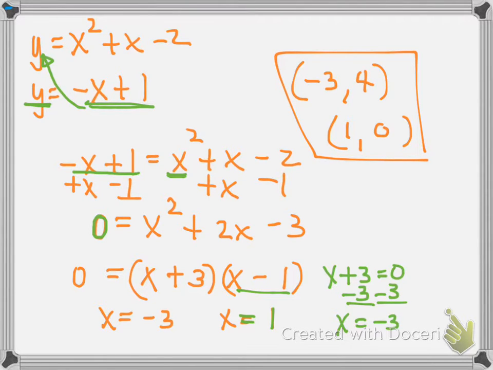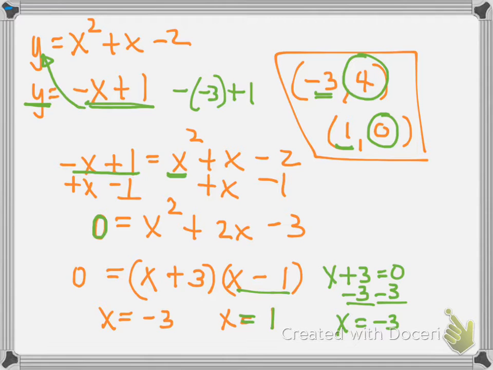Okay, so I get these x values, and then to get the y values, 4 and 0, I just plug them in. Either equation will work, but I go -3 plus 1. That gives me 4. And then I plug in 1, which gives me 0.